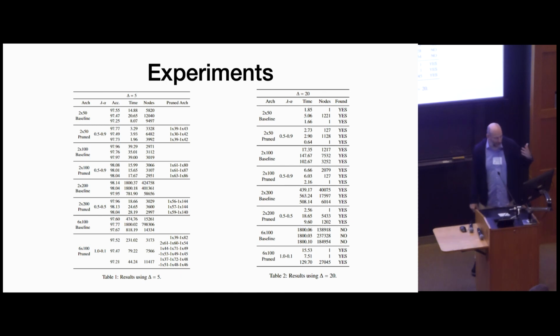By pruning the network, what you get is a pruned network with, in the first layer, only 39 neurons, and in the second layer only 43, which is a moderate reduction, but it is a small network here.